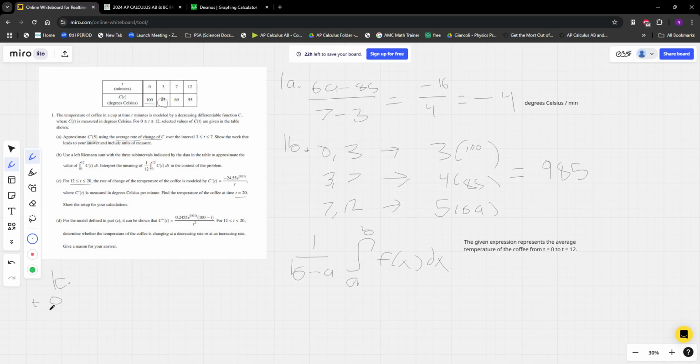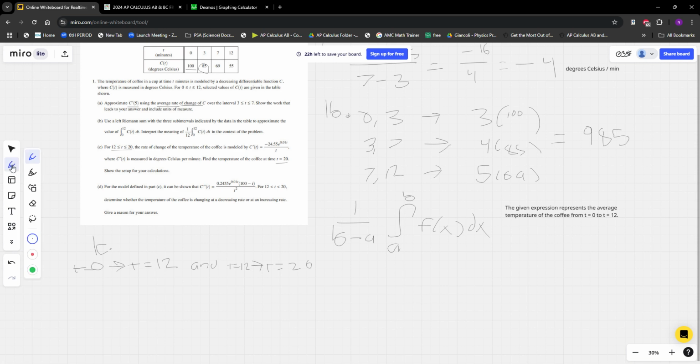So it's from t equals 0 to t equals 12, and from t equals 12 to t equals 20. The temperature of the coffee at 12 is 55 degrees Celsius, right? And then the temperature of the coffee at 20 is 55 plus the integral from 12 to 20 of this function, since this is the rate of change.